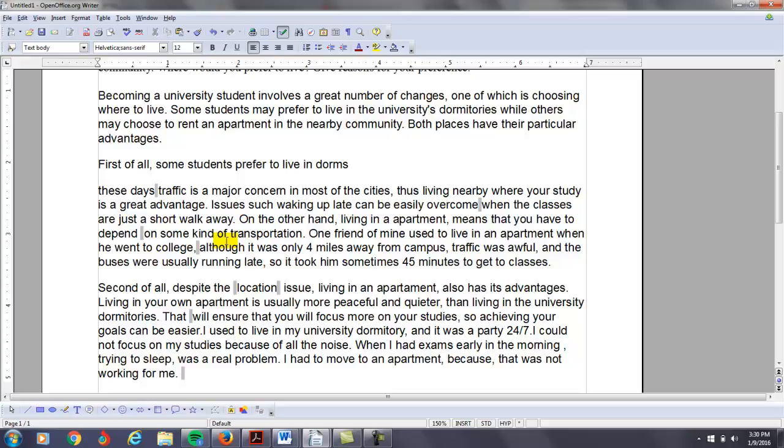Let's keep going here. So traffic is a major concern, thus living nearby is a great advantage. Issues such as waking up late can be easily overcome. Okay, so let's say this.